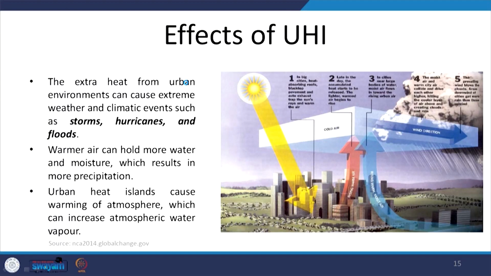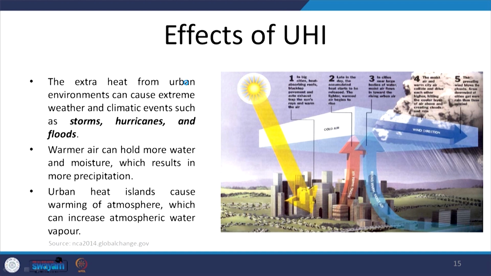Now, the urban heat island can actually change the weather pattern in a city. It may impact the precipitation pattern, how the rains are received within a city.